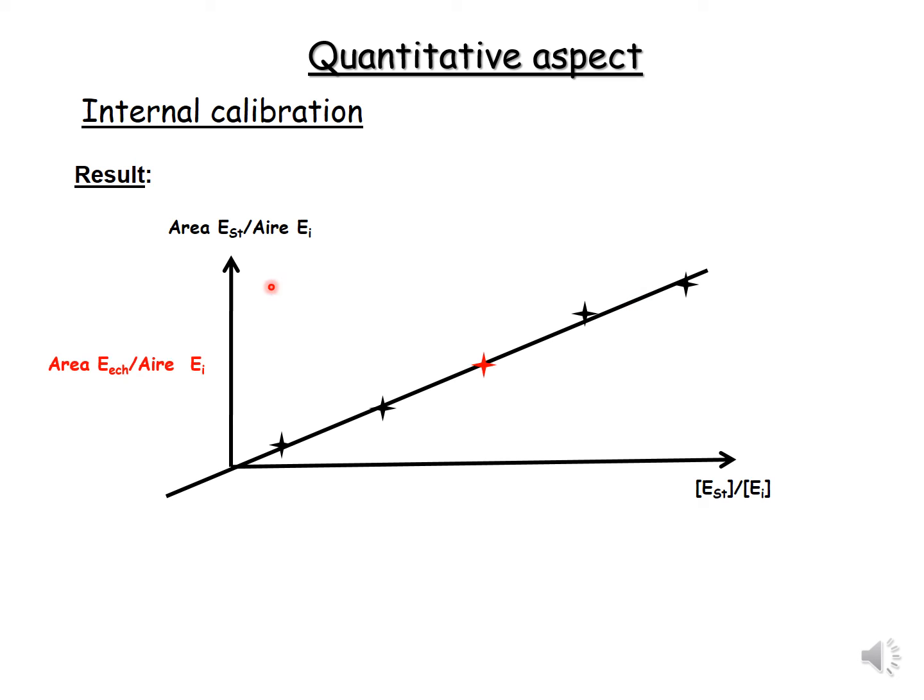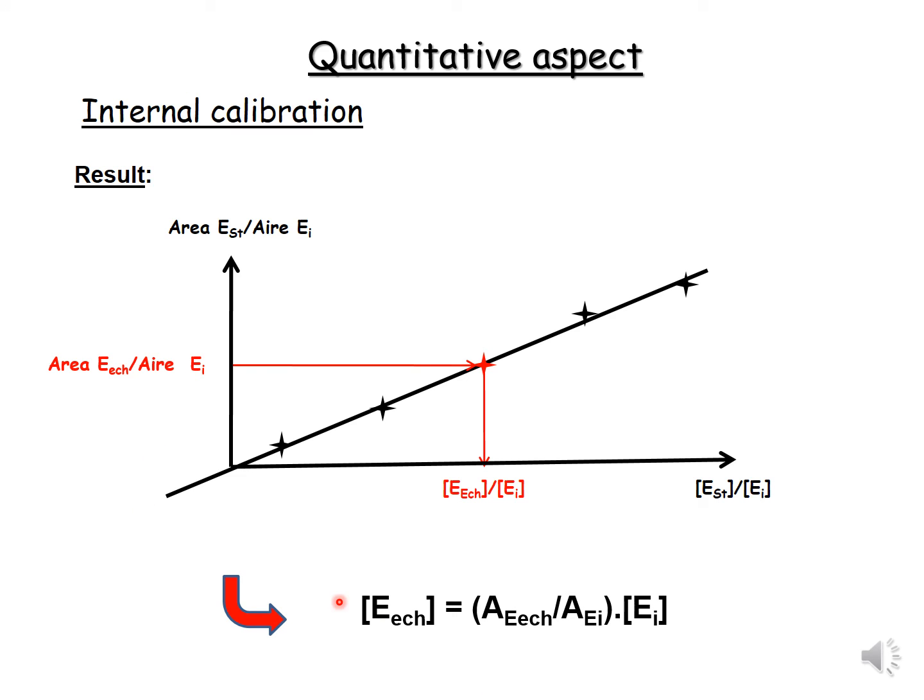Then after that, I measure my unknown compound. We have the area of our unknown sample over the area of the internal standard, and we deduce, of course, the concentration of our unknown compound by this simple equation, using the equation of the curve.